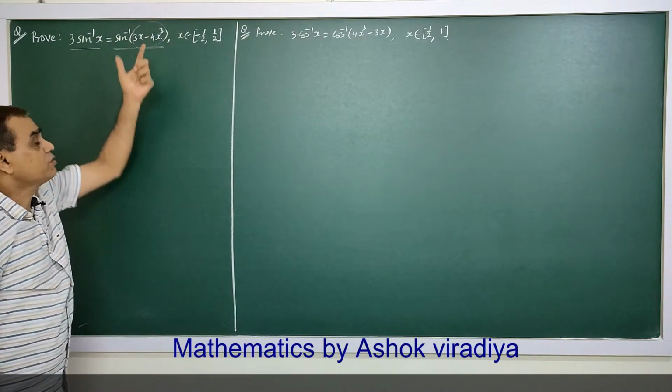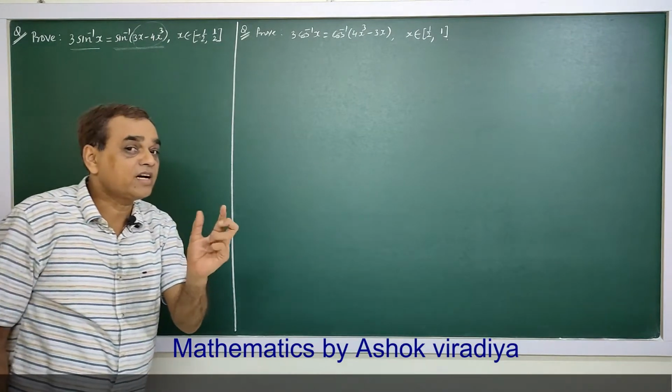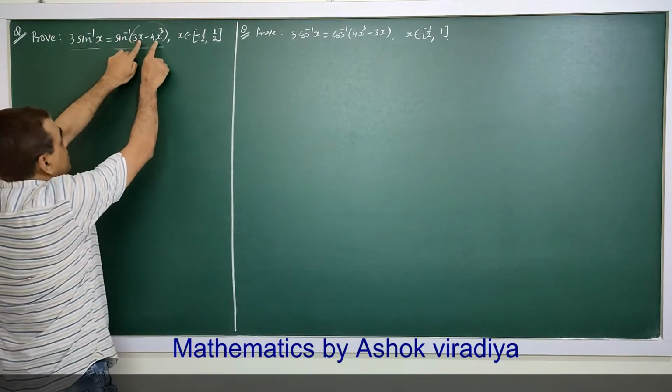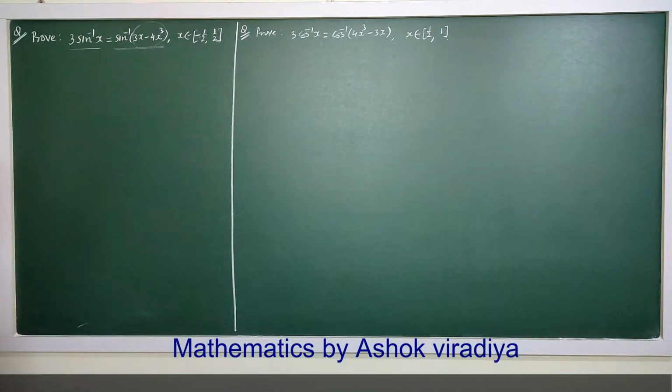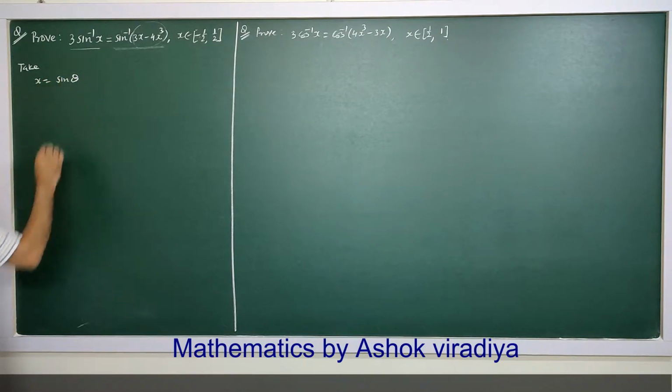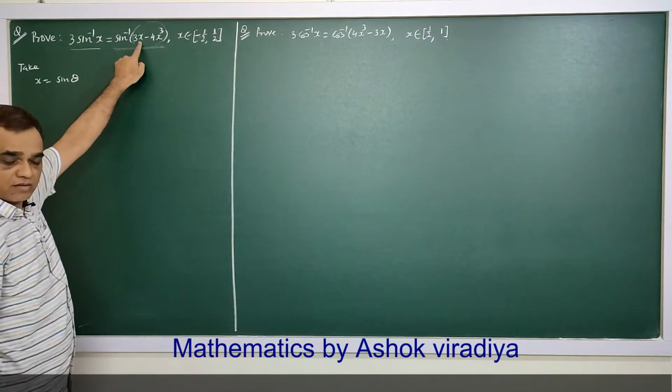So you can match this with 3 sine theta minus 4 sine cube theta. So we can fix sine theta here. Let us see what happens if we put x equal to sine theta. So we substitute x equal to sine theta here.